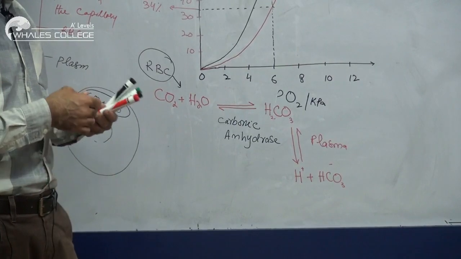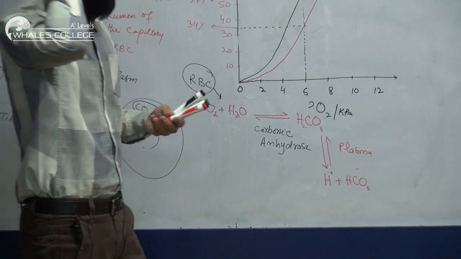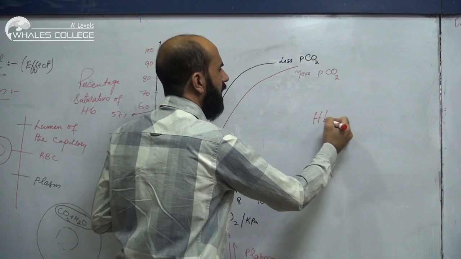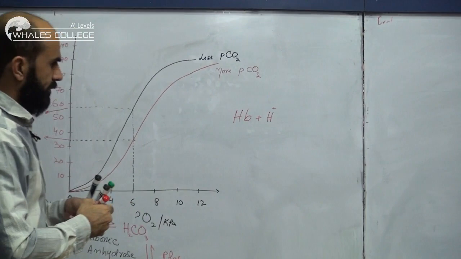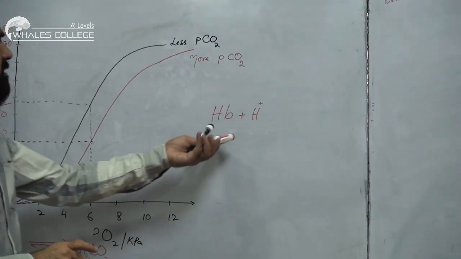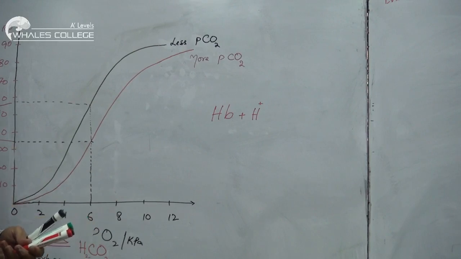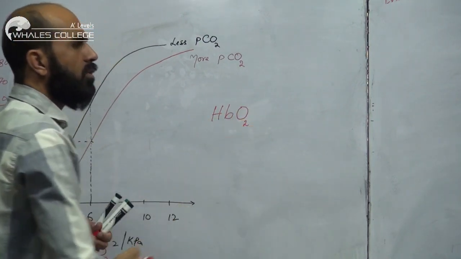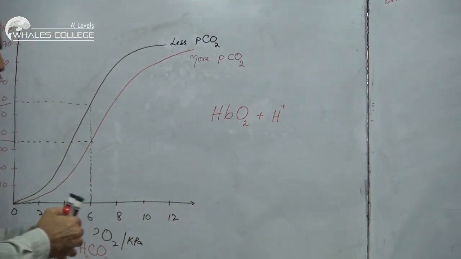So these hydrogen ions pass to the membrane of the RBC by facilitated diffusion, and here they react with the hemoglobin, Hb for hemoglobin. Now keep in mind that this hemoglobin is carrying oxygen from the lungs, so it is in the form of HbO2, oxyhemoglobin, and hydrogen ion is going to react with the HbO2.